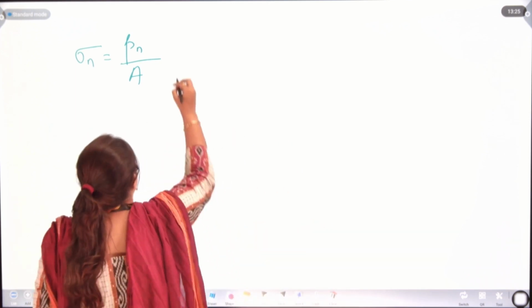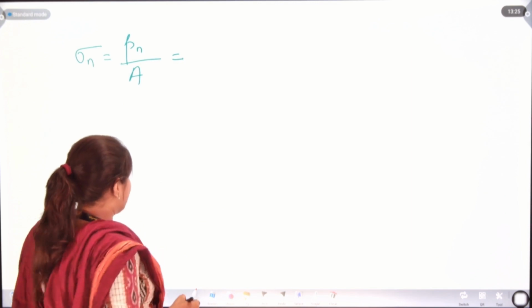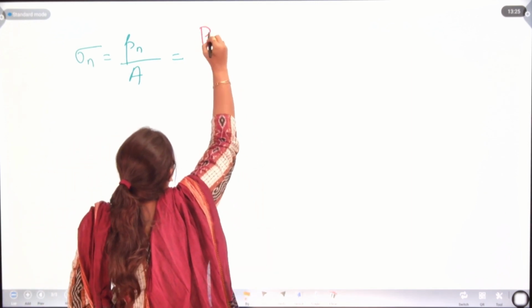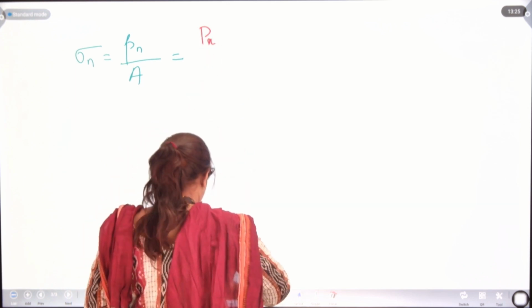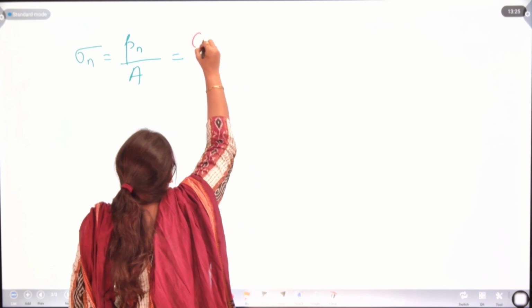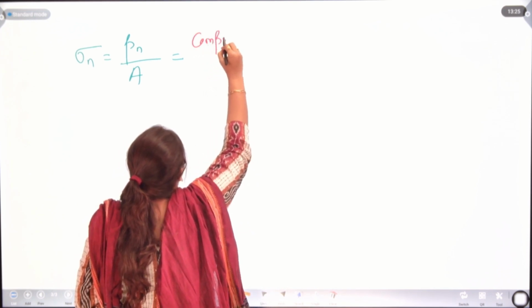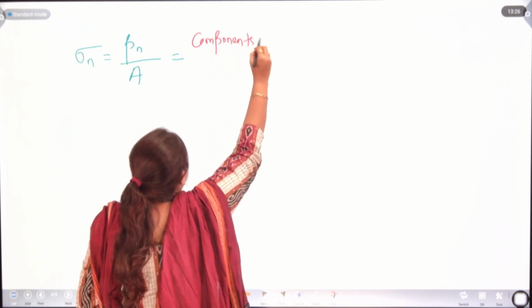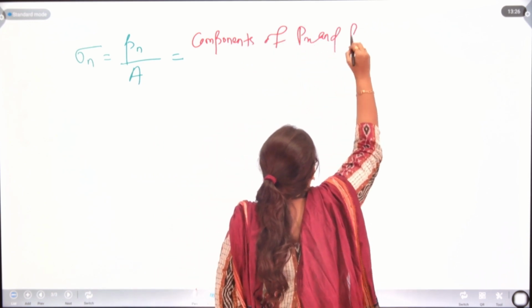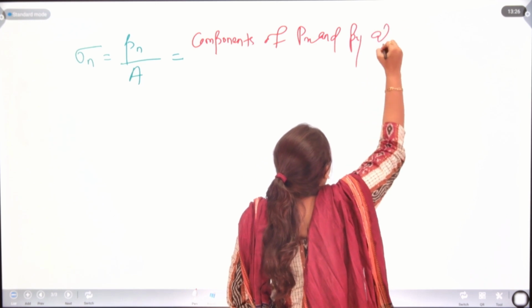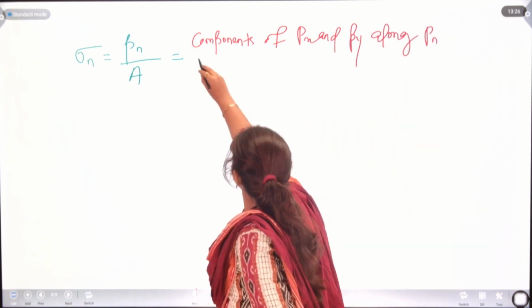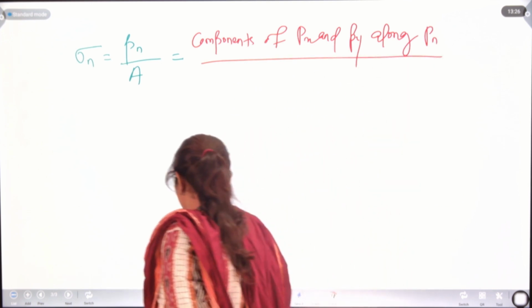So for Pn, we can write the components of Px and Py along Pn of an area. So, which area?